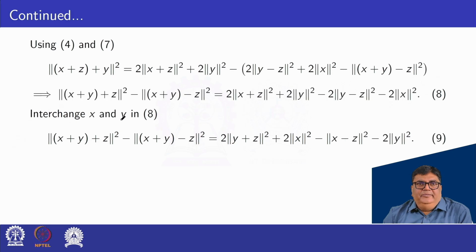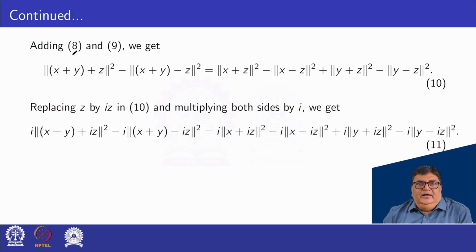So after addition of equations 8 and 9 we get equation 10, that is norm of (x plus y plus z) square minus norm of (x plus y minus z) square equals norm of (x plus z) square minus norm of (x minus z) square plus norm of (y plus z) square minus norm of (y minus z) square.